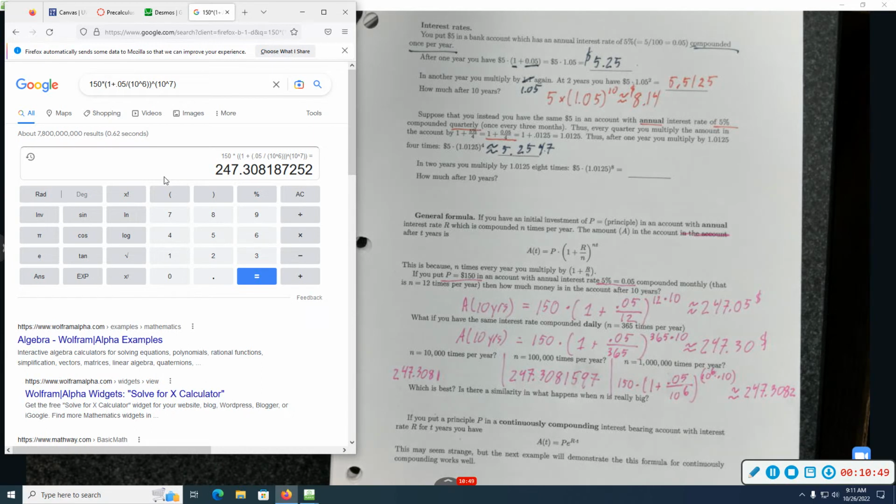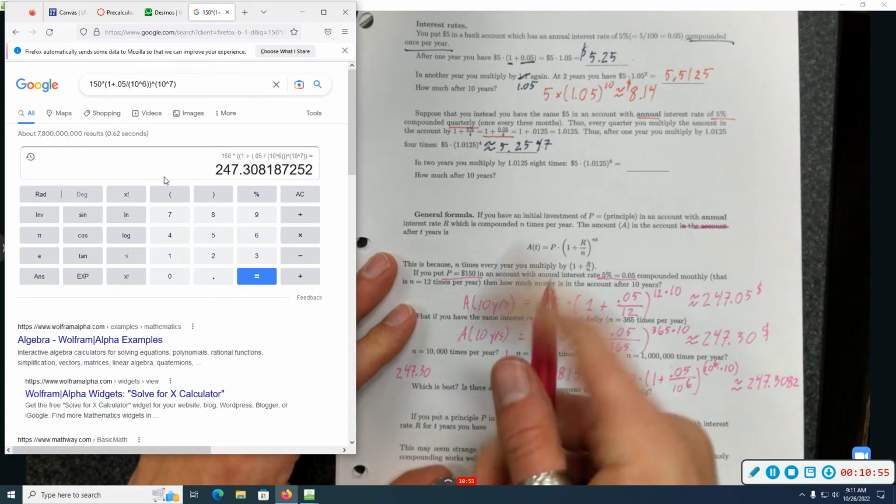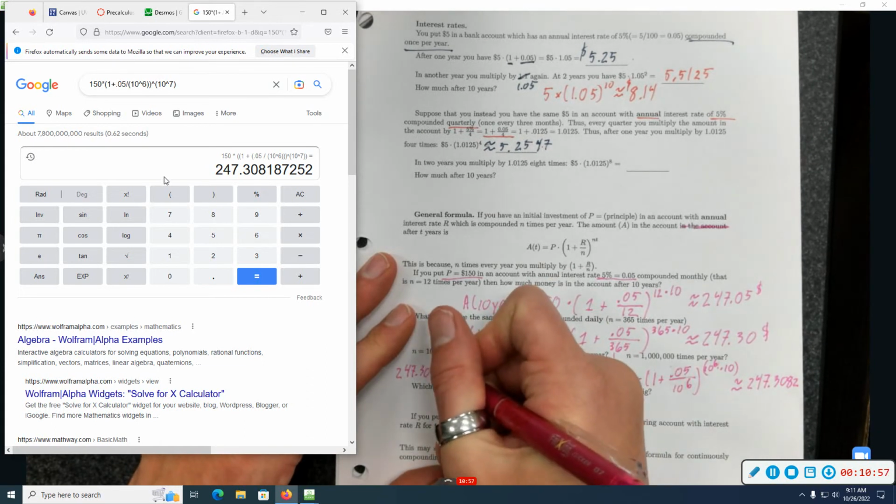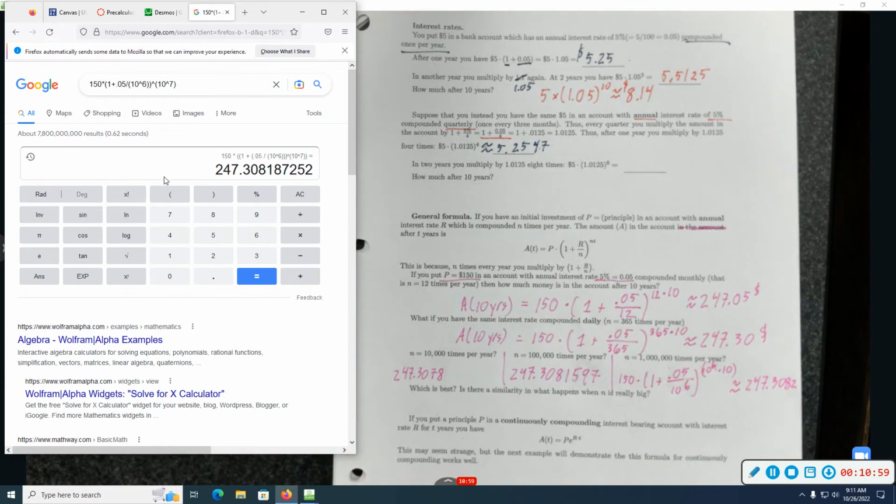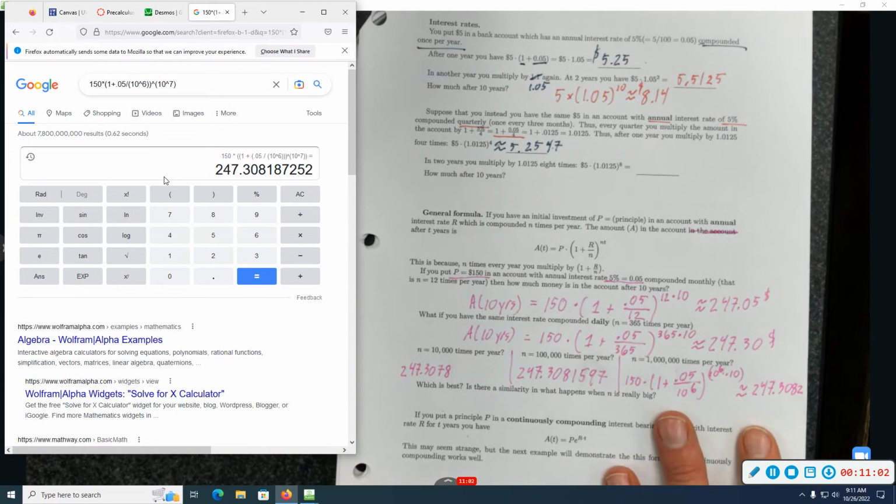Oh, okay. Oh, even better, so we can really detect the number. All right, so looking at these numbers, let's just think about what happened. 247.05, 247.40, 247.3030, 78.